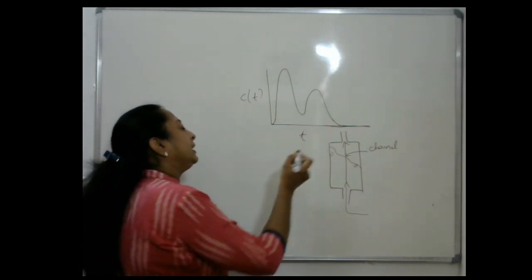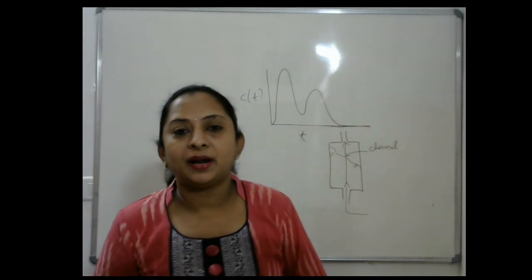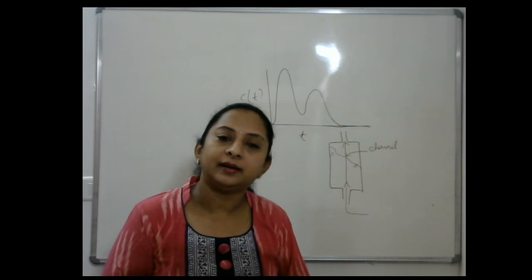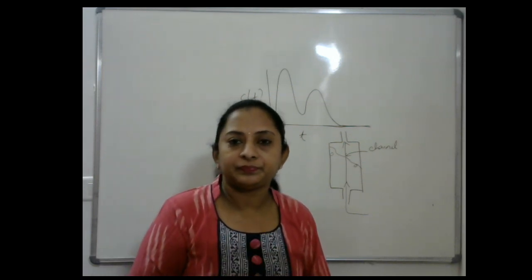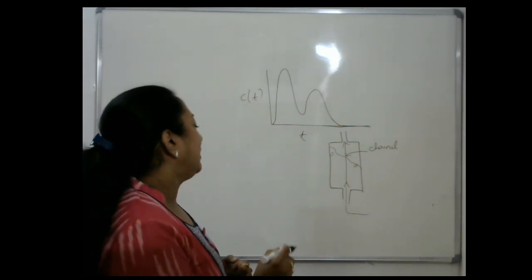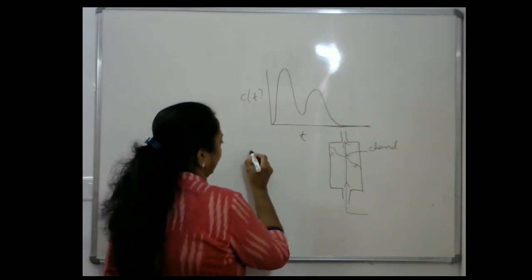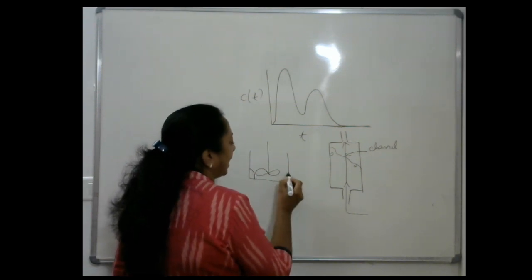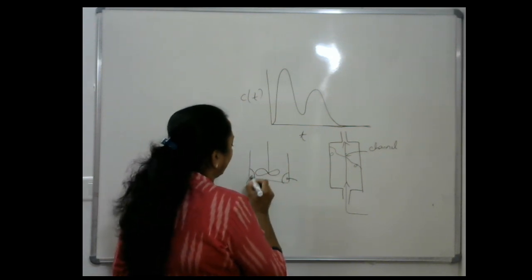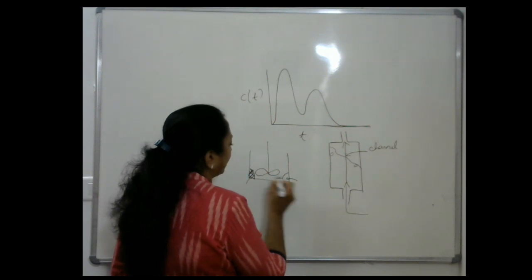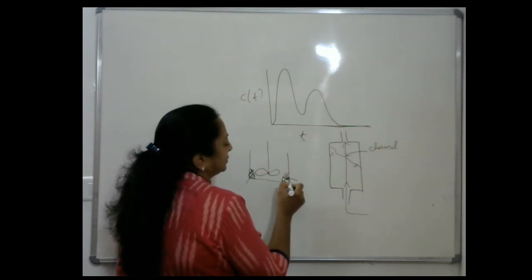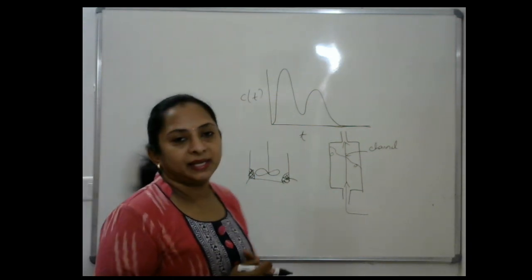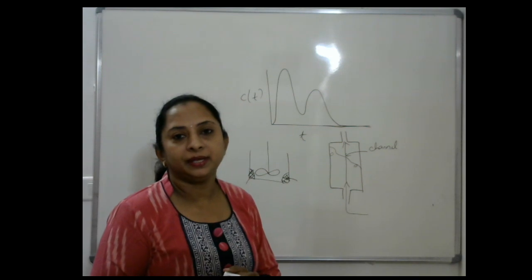Next, if there are dead zones, suppose I am carrying out the experiment in an MF. What are dead zones? The reactants will come, and these are the dead zones. During my experiment I plot the curve.